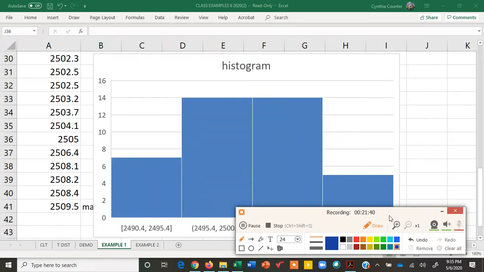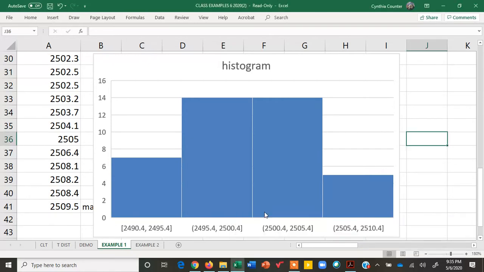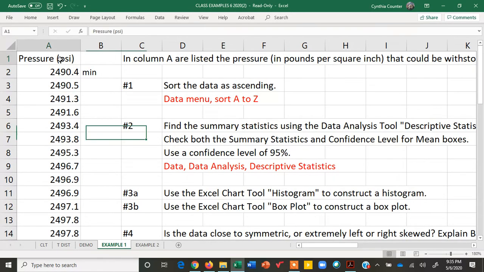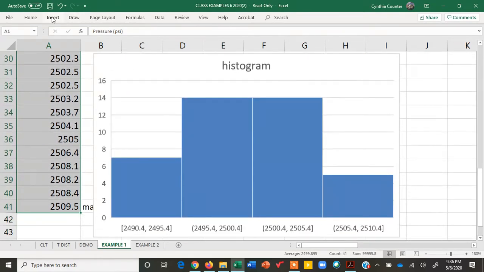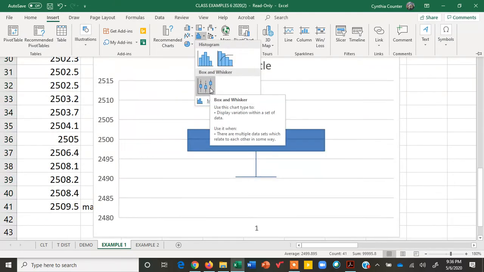What about the box plot? What will that show? Let's highlight the data again. So I click out of here, highlight the data again, insert, go to the statistical charts, but this time we pick a box plot. Here they're calling it box and whisker.